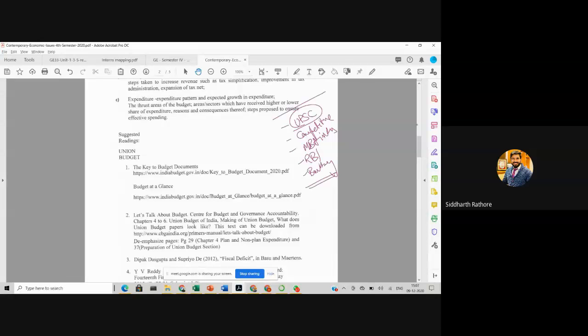For all these examinations, this paper is going to be very effective. Apart from that, this paper is also useful when you get into research, for example macroeconomic work, because this is a very practical paper.